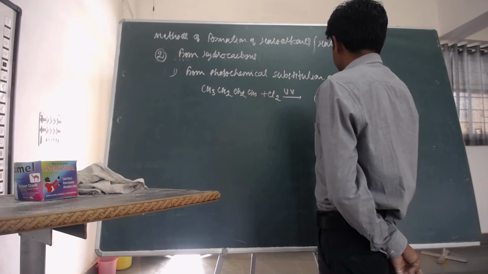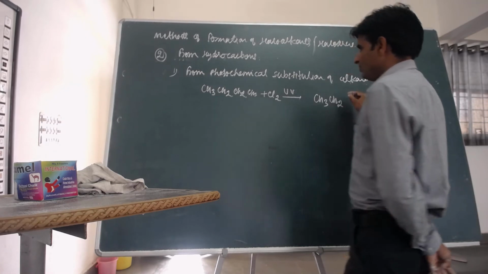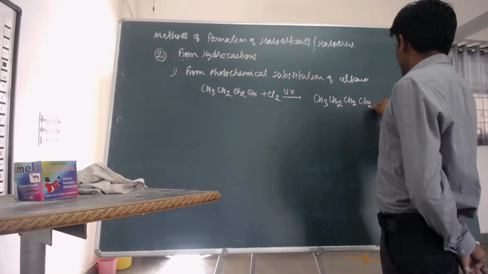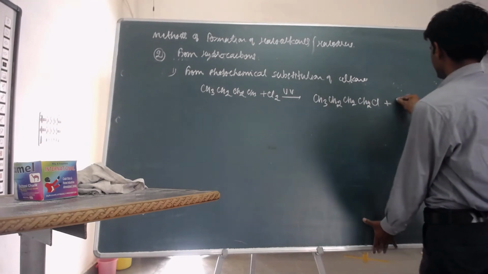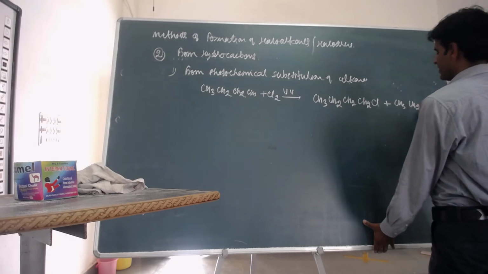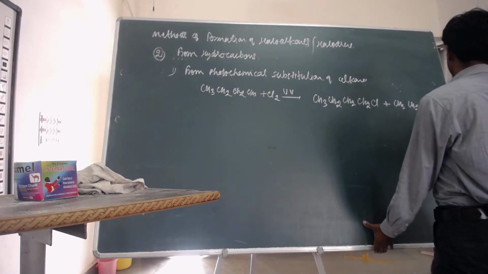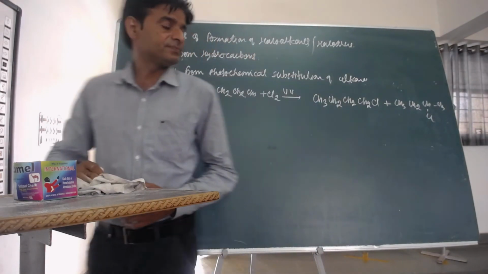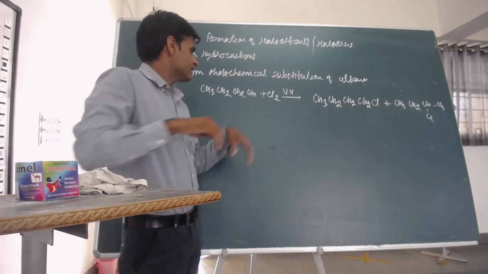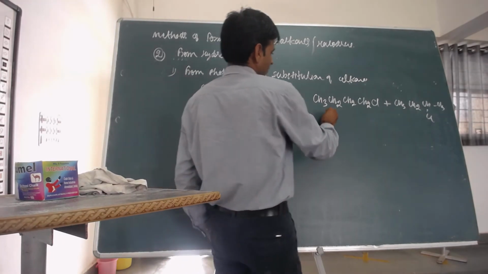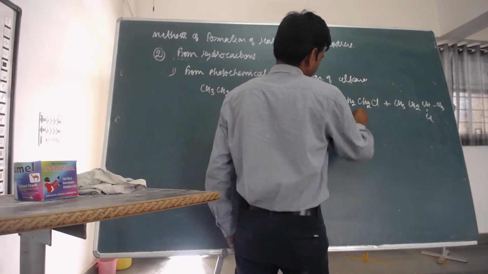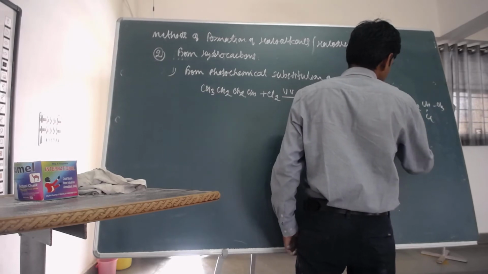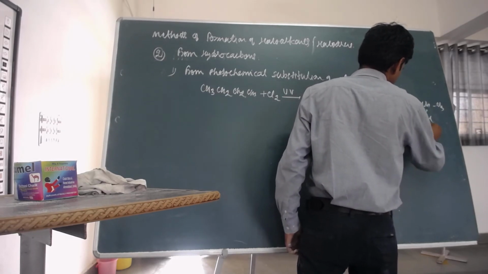For example, CH3CH2CH2CH3 gives CH3CH2CH2CH2Cl plus CH3CH2CHClCH3. Generally this reaction proceeds by a free radical substitution reaction, giving 1-chlorobutane and 2-chlorobutane.